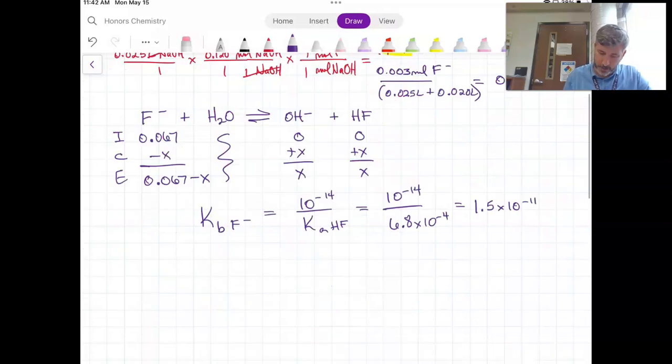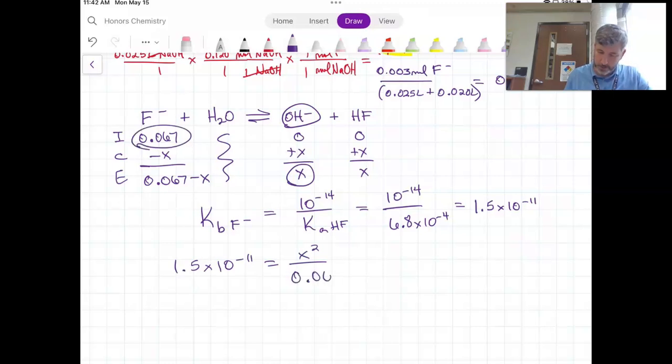And now I'm ready to find my hydroxide because hydroxide is X in this equation. So 1.5 times 10 to the negative 11 equals X squared over my initial concentration of fluoride, which is 0.067.